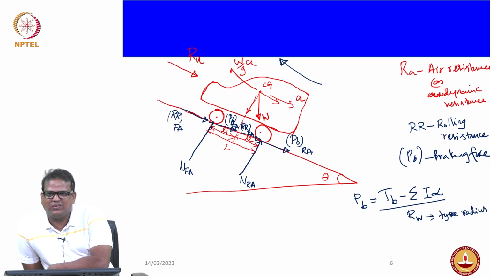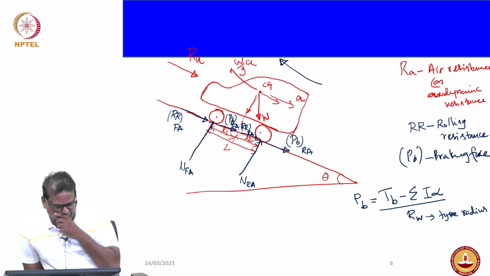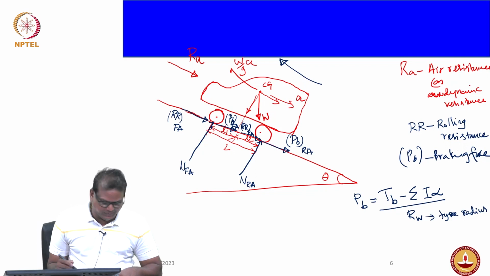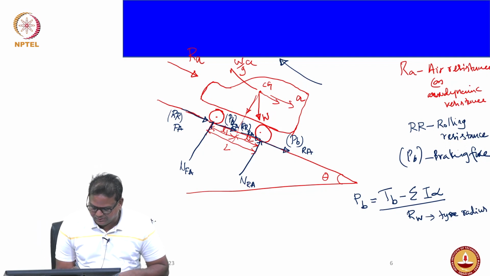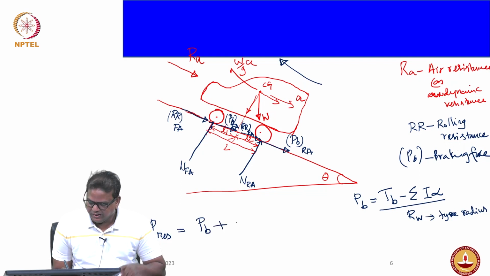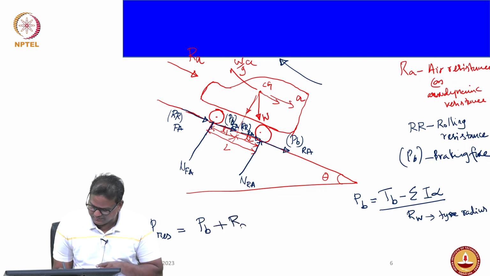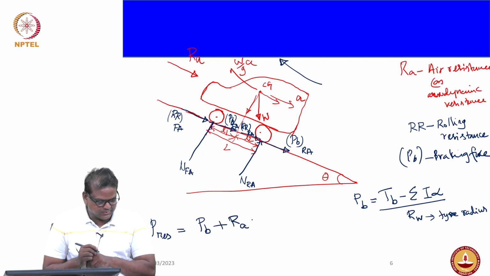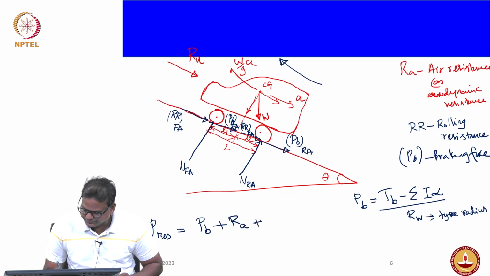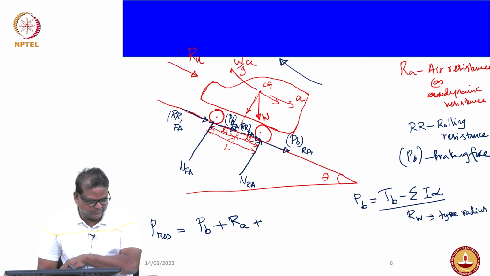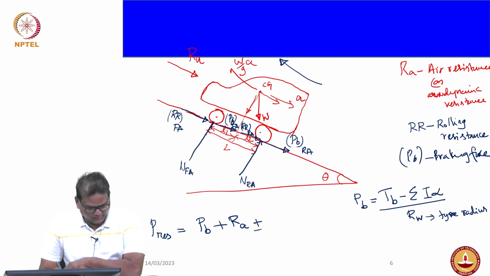So I will write down the total retarding resistance as the summation of your braking force, RA is the aerodynamic resistance, plus what you expect, the gradient W sin theta.